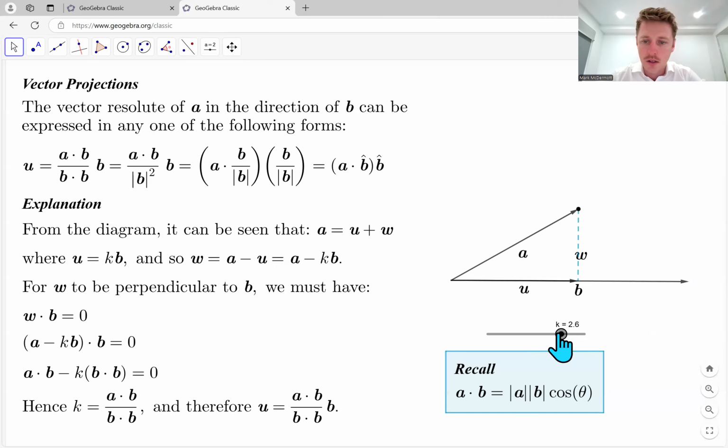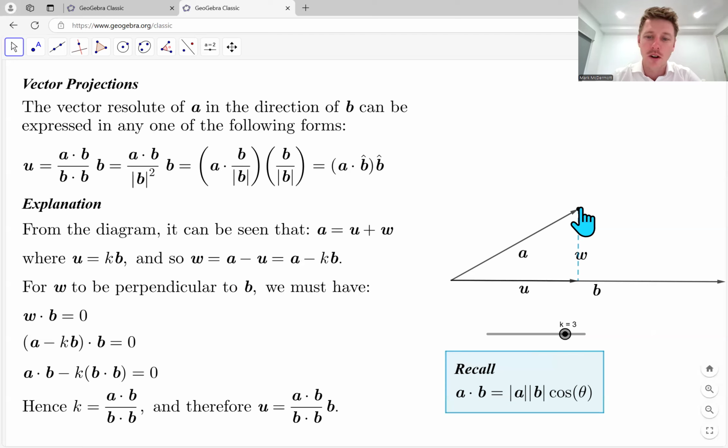And so you can see that U is just a multiple of B, because B is pointing in the same direction as U. So U is a scalar multiple of B. And so what we can say is W equals A minus U. Let's think about W being A minus U. W, remember, is pointing in this direction, and is the same as A minus U. A is here.